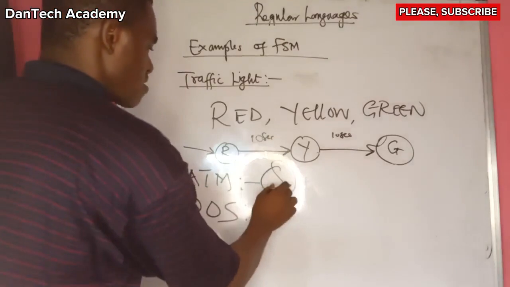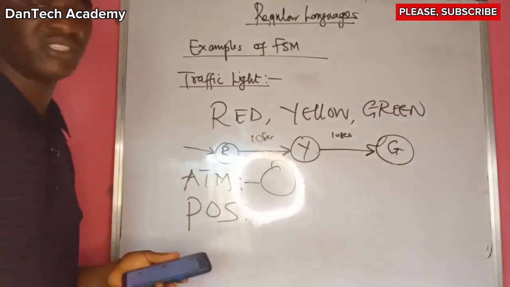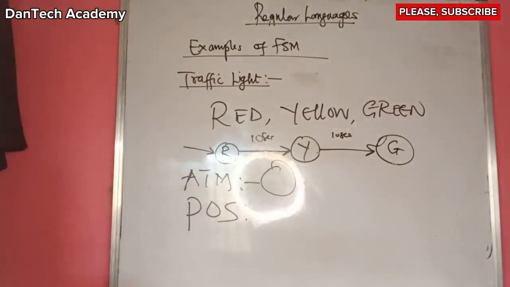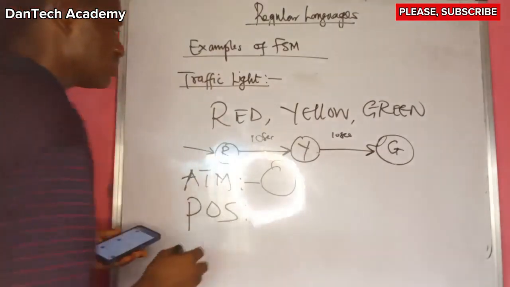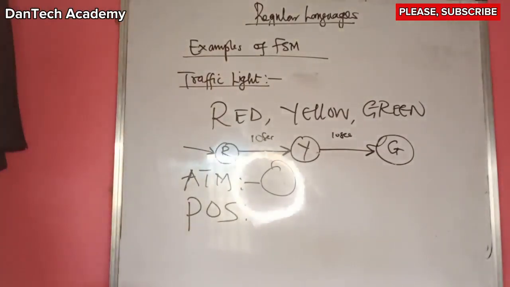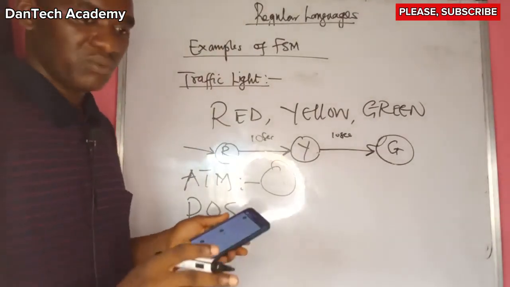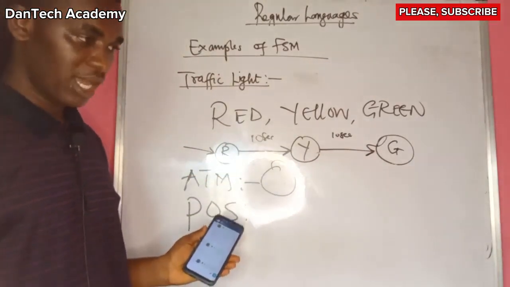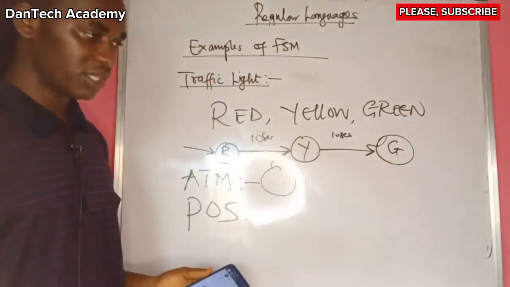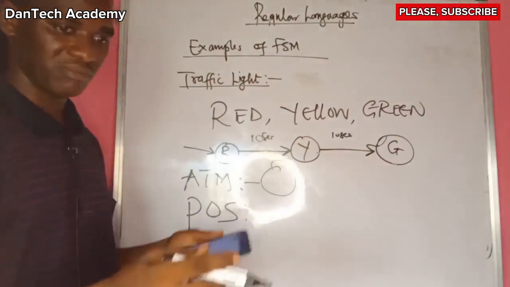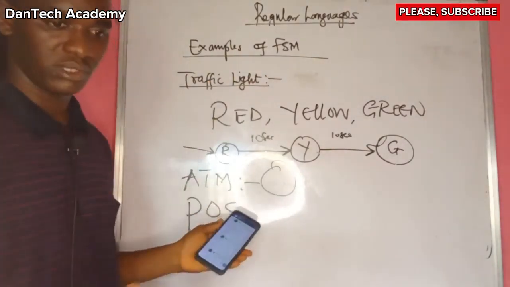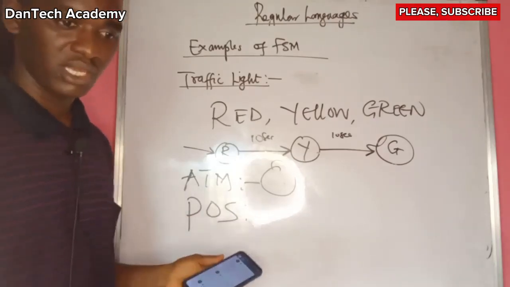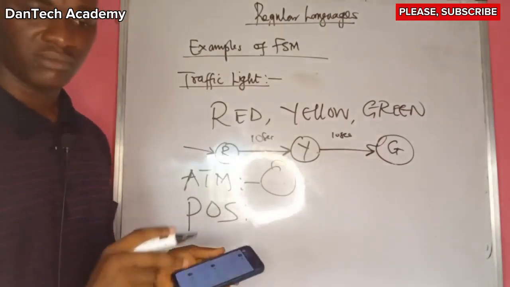But before card insertion, there is a state they call the idle state. The idle state is the state whereby, once you approach the ATM machine, it's not executing anything. You just come there, and on the screen you see some kind of adverts. That state is idle. The machine is not working. No execution of any data in that state.